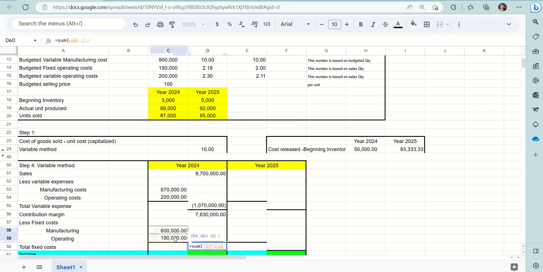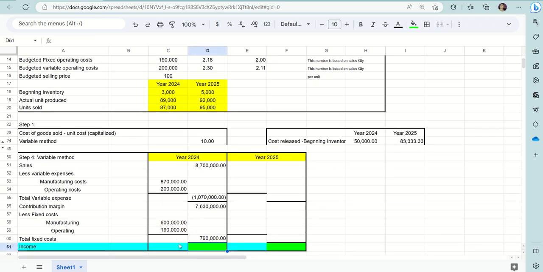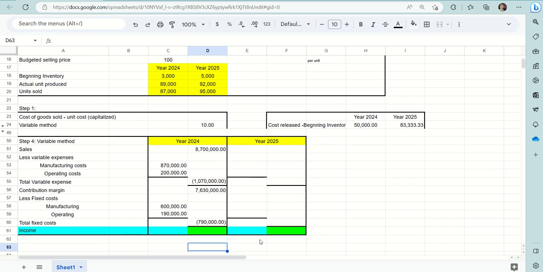Sum this, and we're going to reverse the polarity. That would give us the total fixed expense. Expenses are always negative in the financial statements. You will often see it in a bracket.